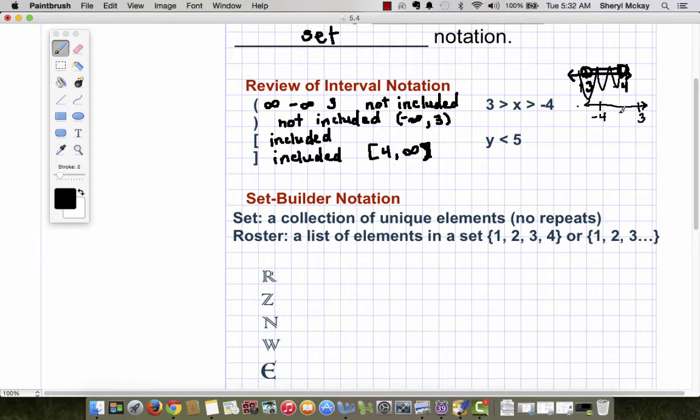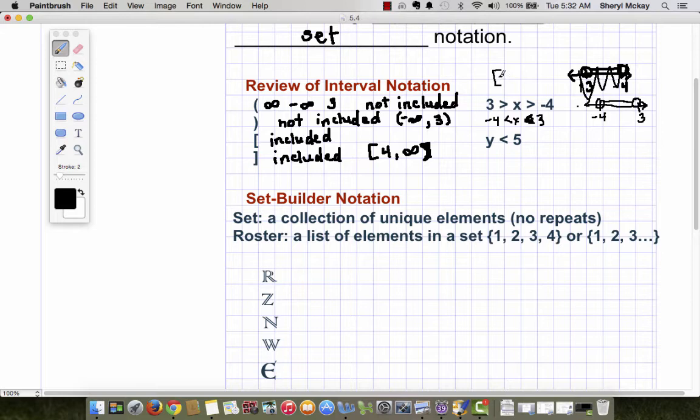This is 3. And x is greater than negative 4, but less than 3. If I had been smart, I would have written it this way so that we could have read it from left to right.